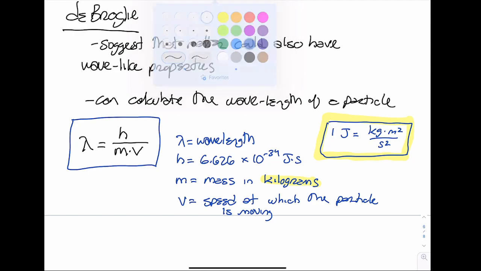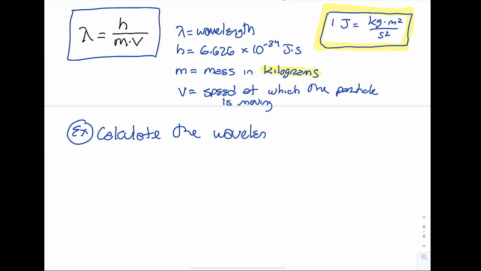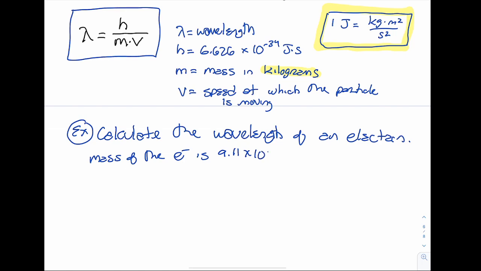So let's go through an example problem. We are going to calculate the wavelength of an electron. And the mass of our electron is 9.11 times 10 to the negative 31st kilograms.